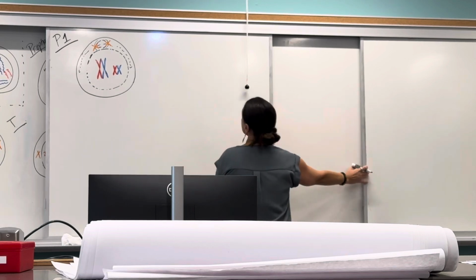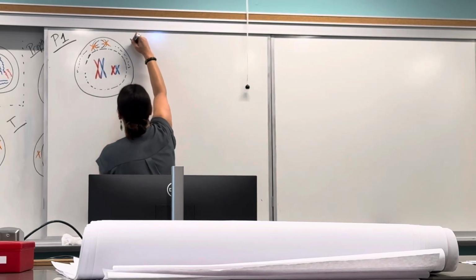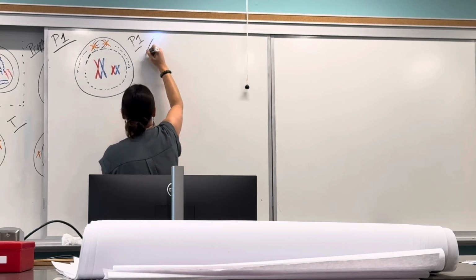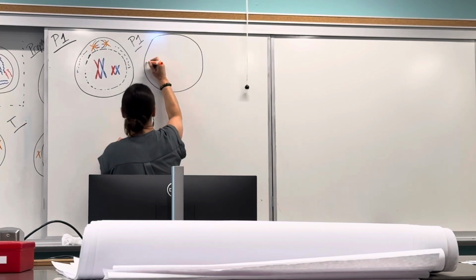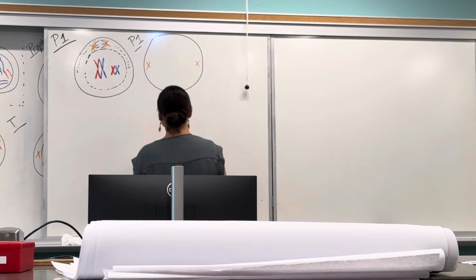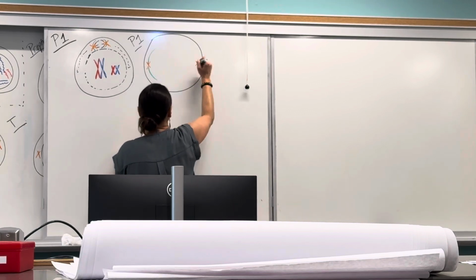We'll do it like this. This is still prophase 1. I'll put the centrioles here at the opposite poles. The nuclear envelope has now disappeared. The meiotic spindle fibers are here.